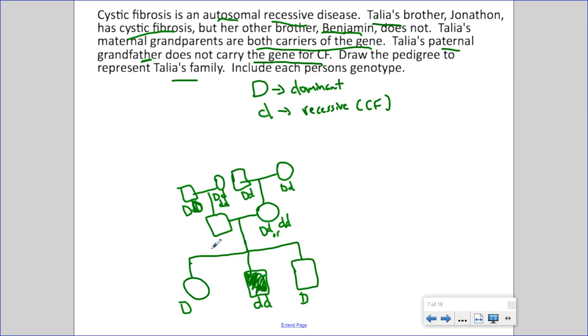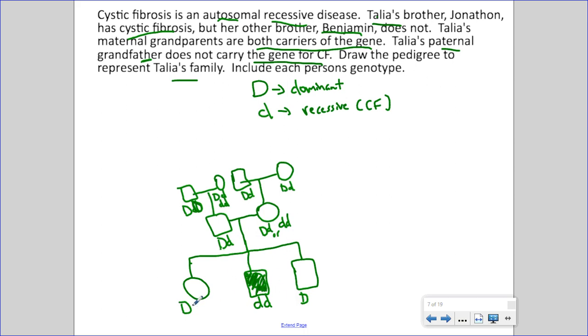So in this case, whatever genotype is here for the grandmother, the father is going to be a carrier. And so for Talia herself, if we look at the possible combinations for the mom, this will allow the brother to have cystic fibrosis.